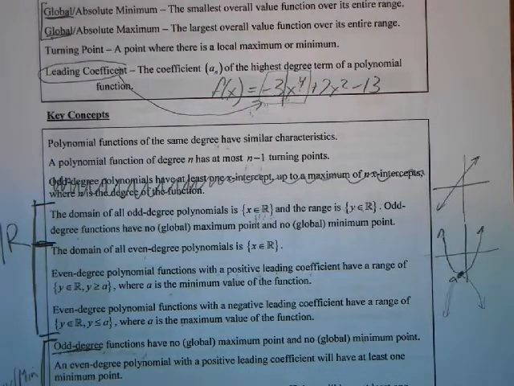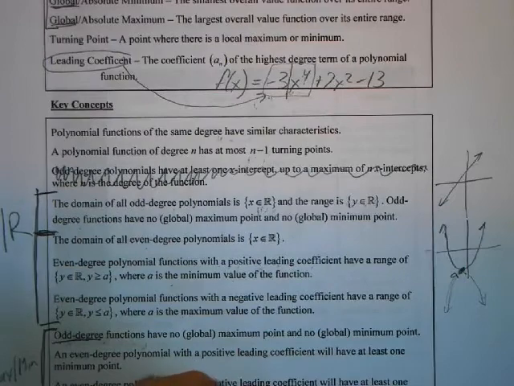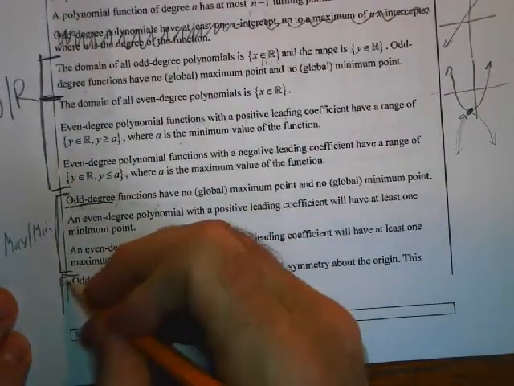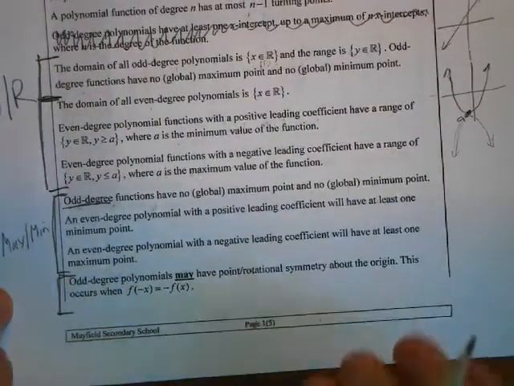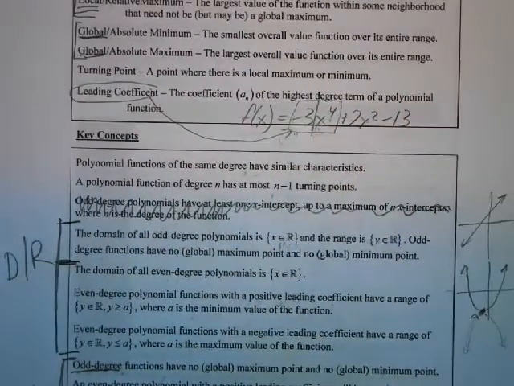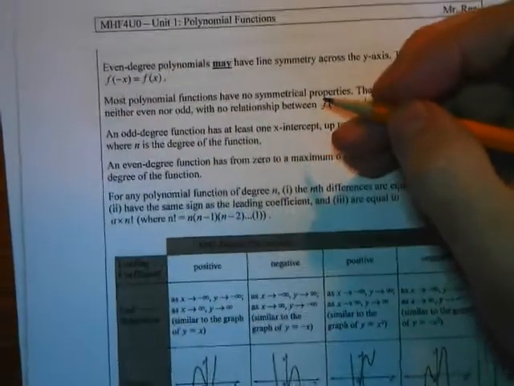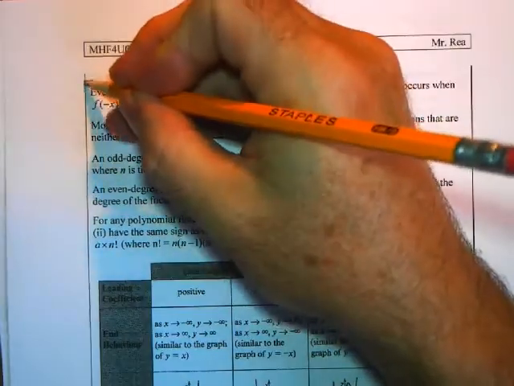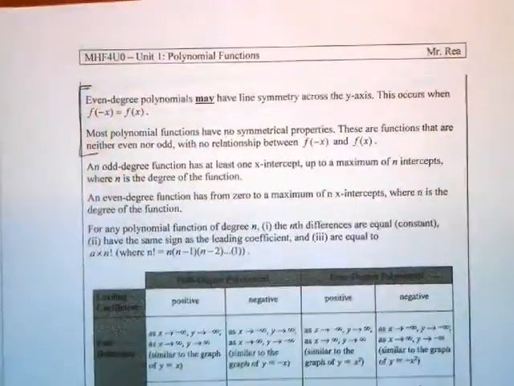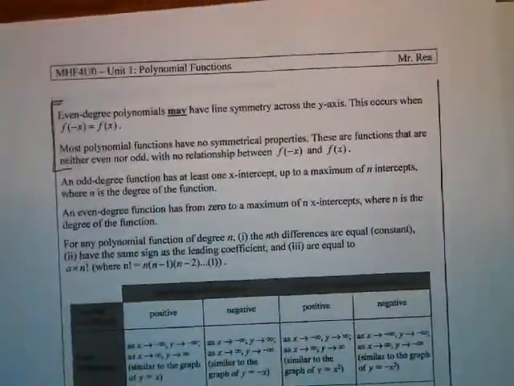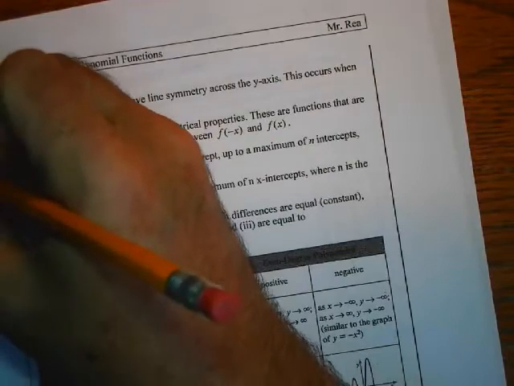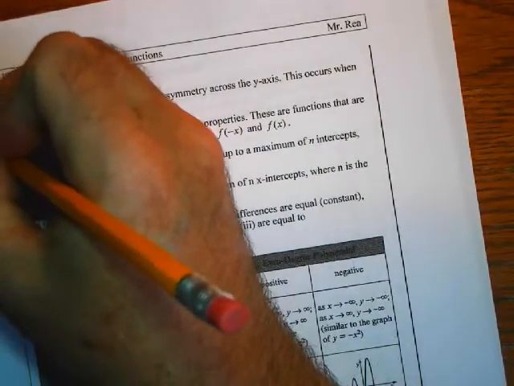Now, the next few concepts, the one at the bottom of the first page and the next two at the top of the second page, have to do with symmetry. I'll write symmetry here since there's a couple of them.